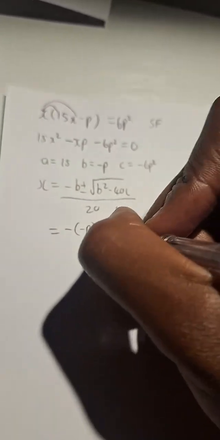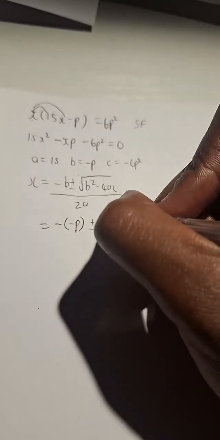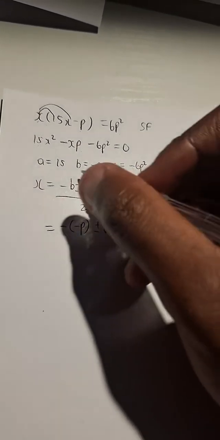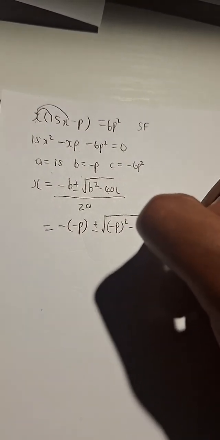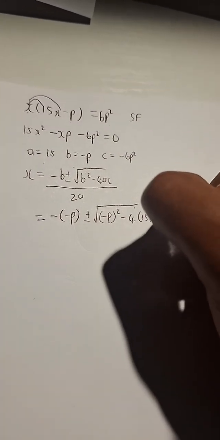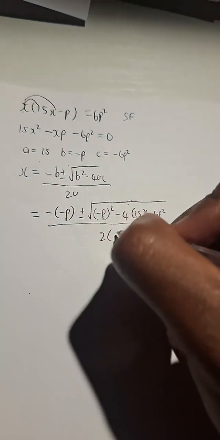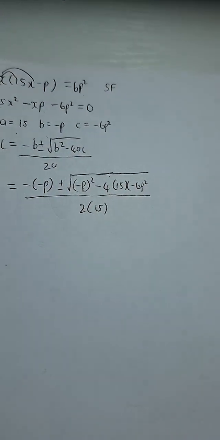Okay, and then what's negative p? Negative into negative p, then negative p, the whole thing squared, minus 4 times a, 15, times c, which is negative 6p squared, over 2 times 15. You see?